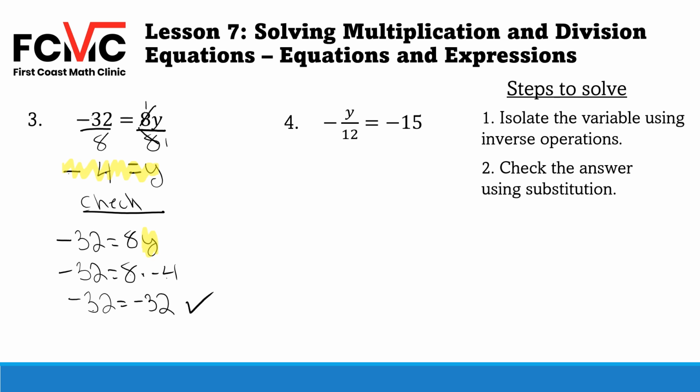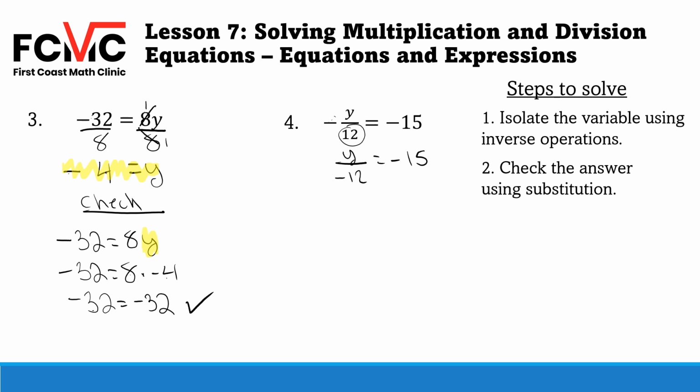And then number 4, we've got negative y over 12 equals negative 15. When we have something like this, the way I like to do this is we can kind of move that negative sign around. I like to attach the negative sign with the denominator. So this is basically like y over negative 12 equals negative 15.